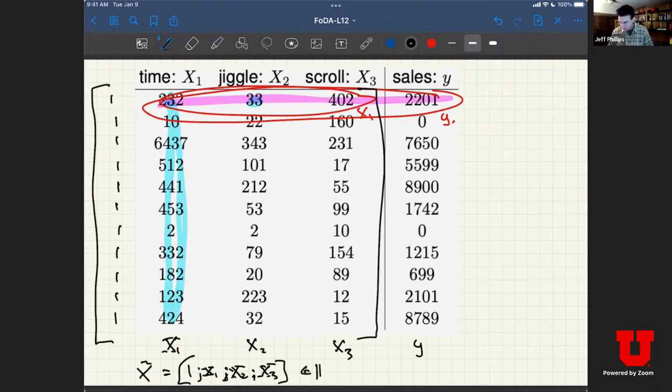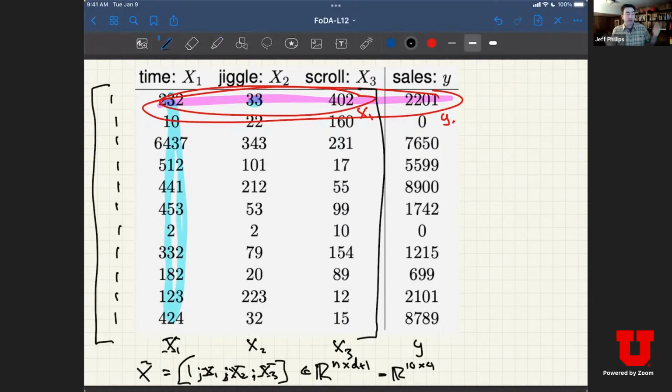And so now this is a matrix in N, N is, I think, 10 here. There are 10 rows times D plus 1. So this is our 10 times 4. Right, so there are 10 rows and 4 columns here because I've added that first column.